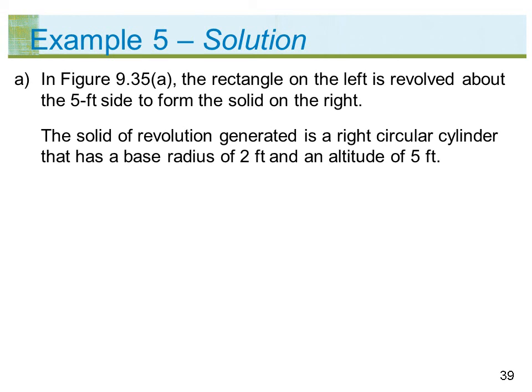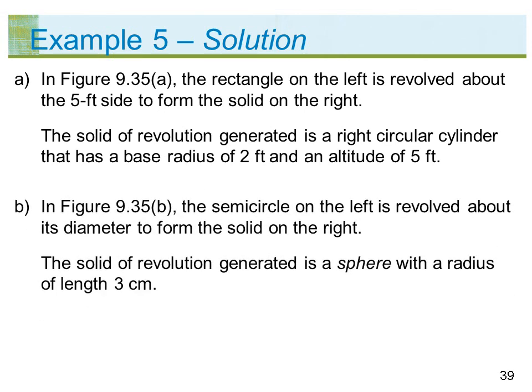The solid of revolution generated is a right circular cylinder that has a base radius of 2 feet and an altitude of 5 feet. b. In figure 9.35b, the semicircle on the left is revolved about its diameter to form the solid on the right. The solid of revolution generated is a sphere with a radius of length 3 centimeters.